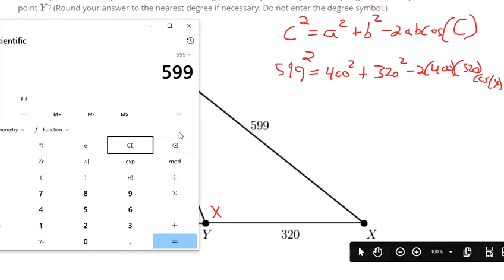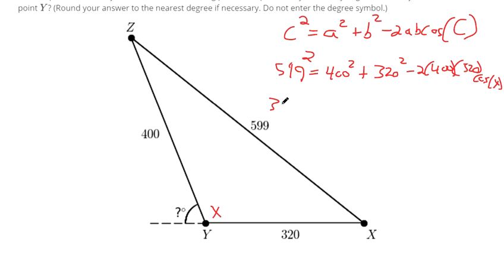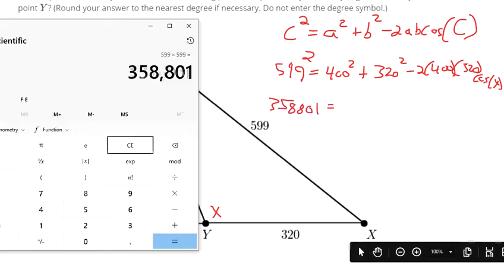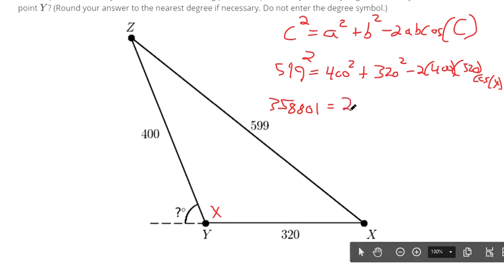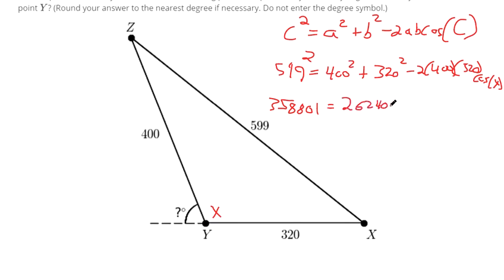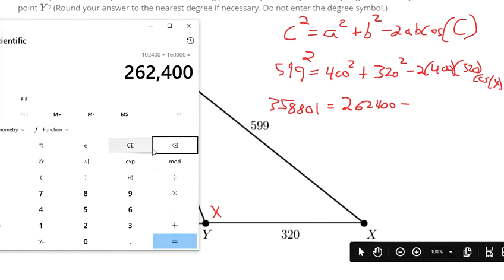So let's do that first. 358,801. We got 400 squared. I'm going to add that to 320 squared. 262,400. And it's tempting to just try to subtract it by 2 times 400, but you've got to figure out what the cosine of the angle is first, because multiplication comes before subtraction, the order of operations.